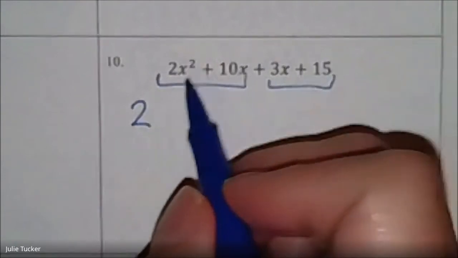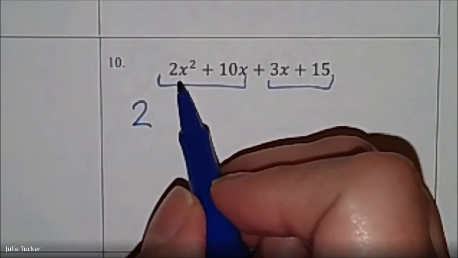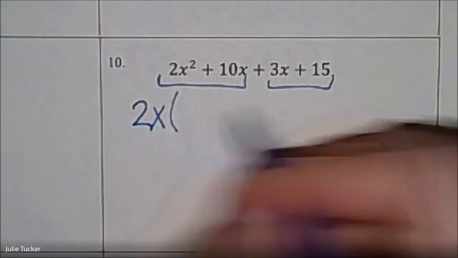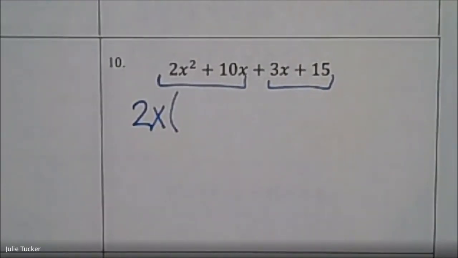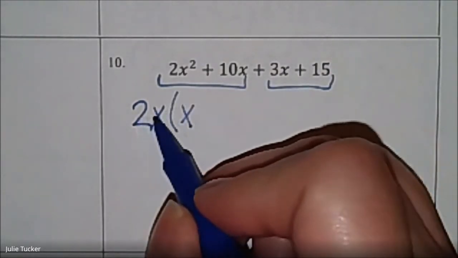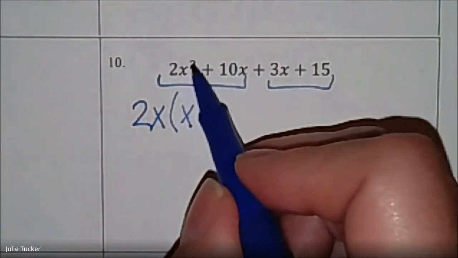When you were telling me 5, you were telling me what I'm going to get after I divide by 2. Okay. So now the next thing's going to be x here, because 2x times x is 2x squared.